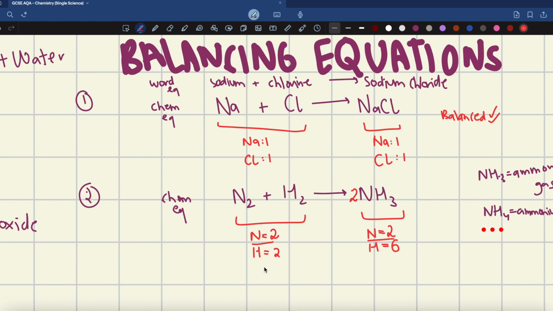Yes, they did, and that's good news. The only thing I need to do now is make sure that my hydrogens also get balanced. If I add a 3 next to the H2, would it not get balanced? Now there are 3 molecules of H2, which means a total of 6 hydrogen particles. So this is how my equation got balanced.